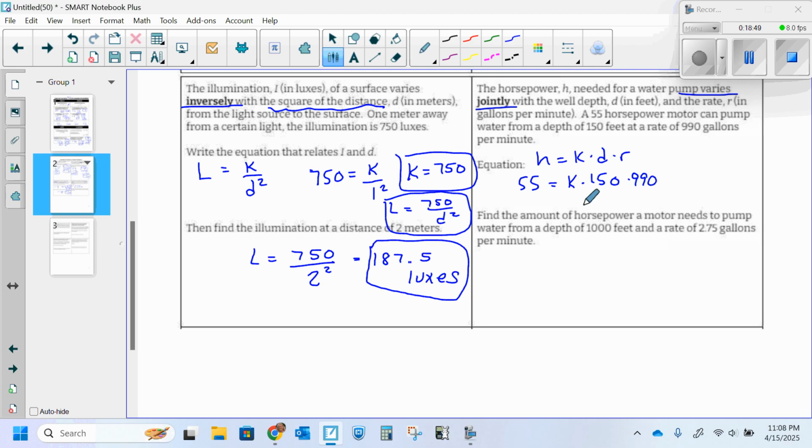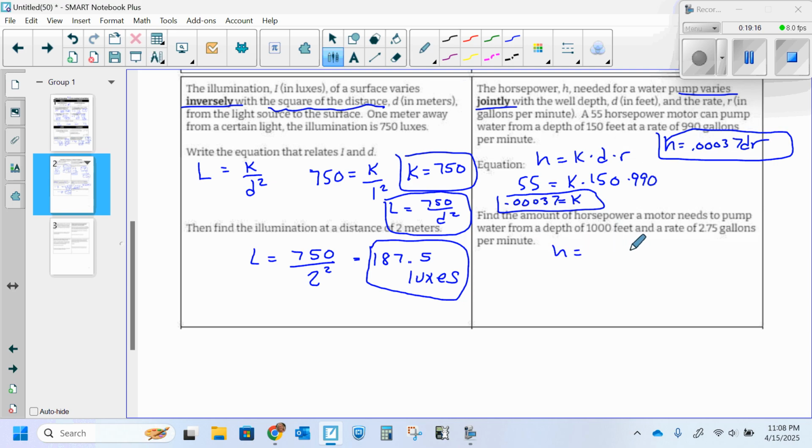So multiply that out, divide, and you get 0.00037. So H equals 0.00037 dr. And that says find the amount of horsepower needed.